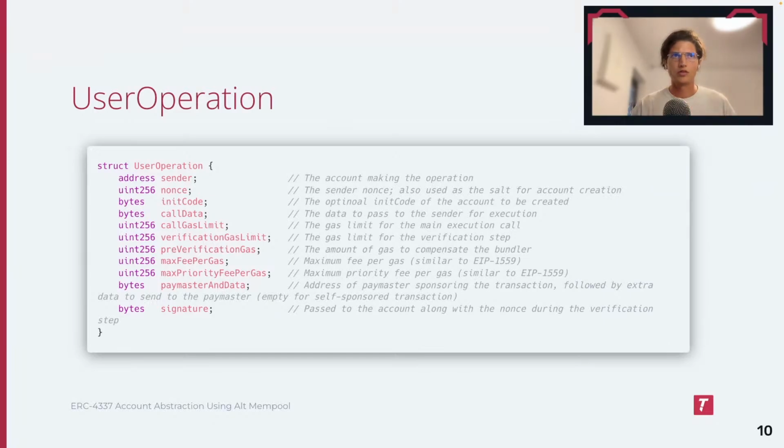So inside of a user operation, if the user so desires, they could create a new wallet. We also have a paymasterAndData field to specify a paymaster and to pass on some additional data. We also see there's a distinction between the verification gas limit and a call gas limit, and we'll get into this distinction in a bit.